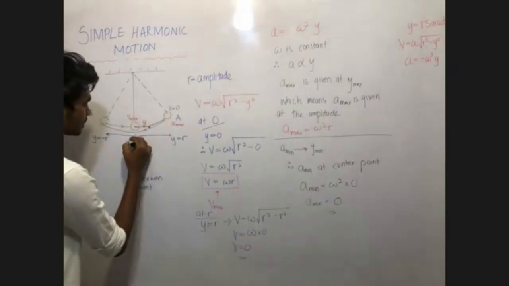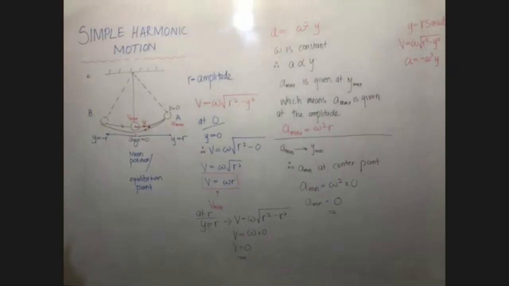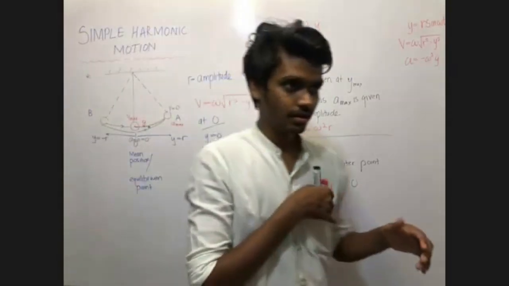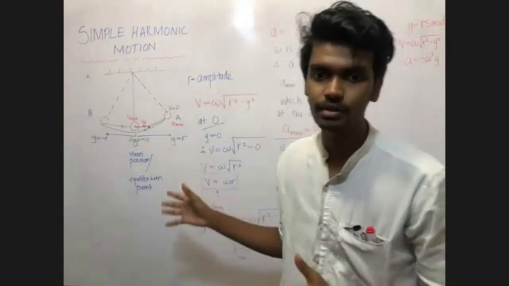So A min is 0 at this point. The minimum acceleration is given at the equilibrium point.